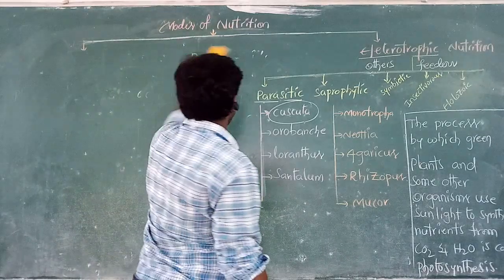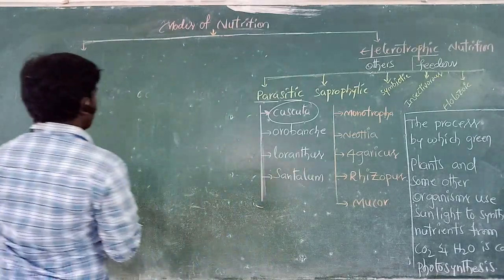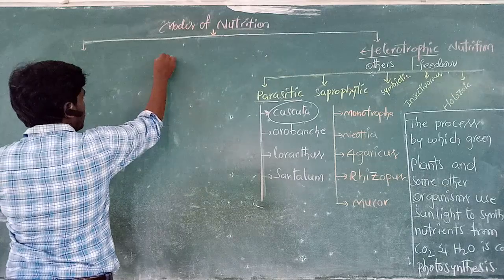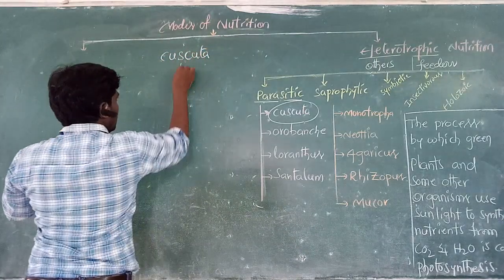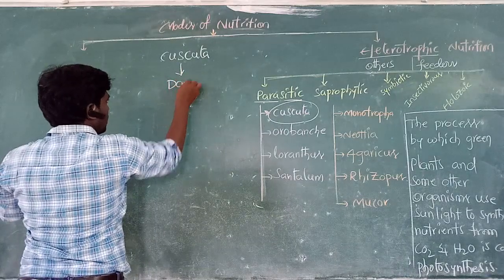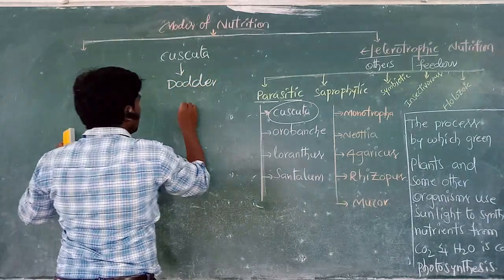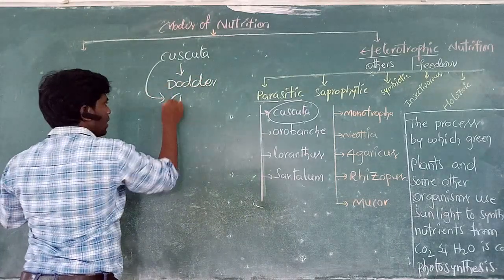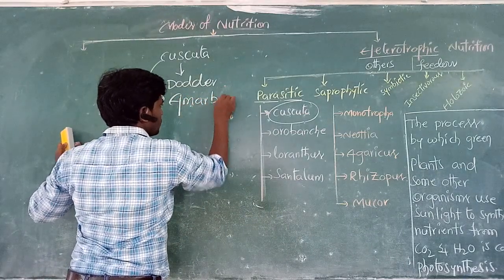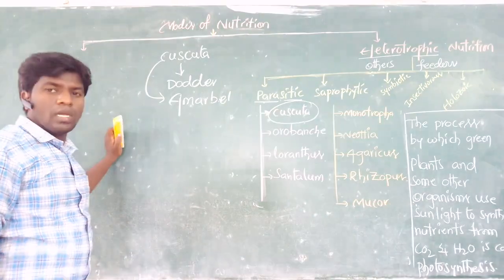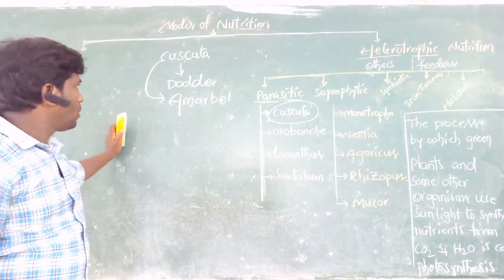The genus of Cuscuta is Dodder. So generally we are calling it Amarbel. The local name of Cuscuta is Amarbel. Okay, clear?